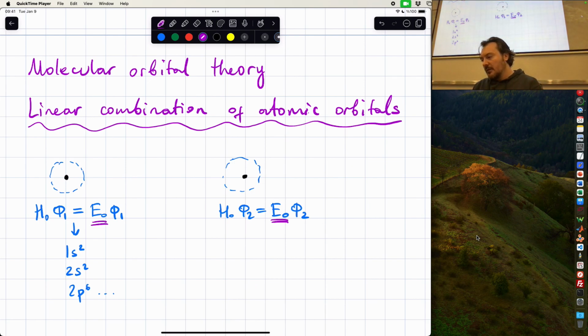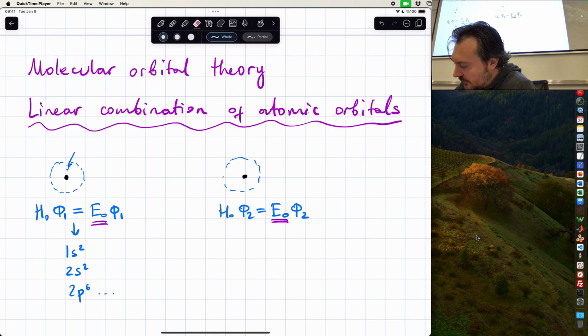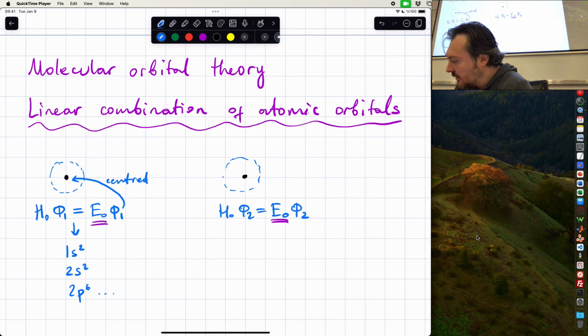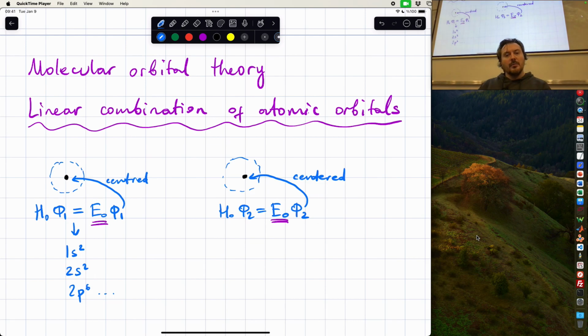However, there is phi 1 and phi 2 because phi 1 is a function centered here. Phi 1 is centered here. Phi 2 is centered here. But in general, it's the same function, just shifted, right?